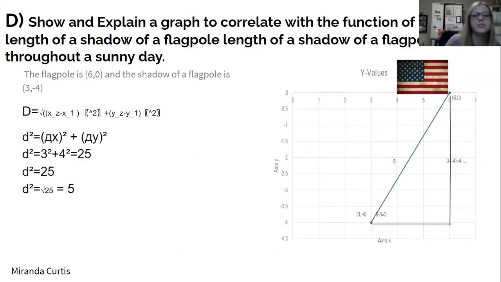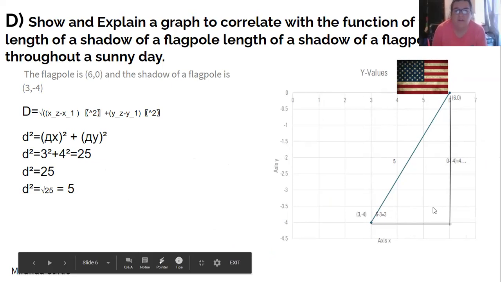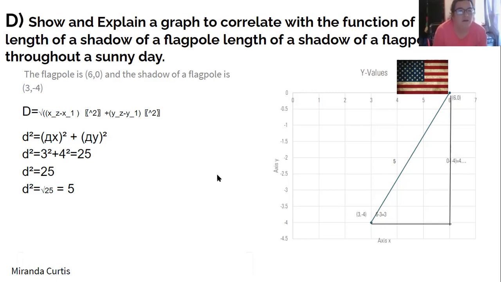Okay, Miranda. Show and explain a graph to correlate with the function of the length of the shadow of a flagpole throughout a sunny day. Okay, so we're going to have to use our distance formula. The flagpole is 6 feet tall, so our coordinates are 6, 0, and the shadow of it is 3, -4. We fill in our distance formula, the square root of (x2 minus x1) squared plus (y2 minus y1) squared.